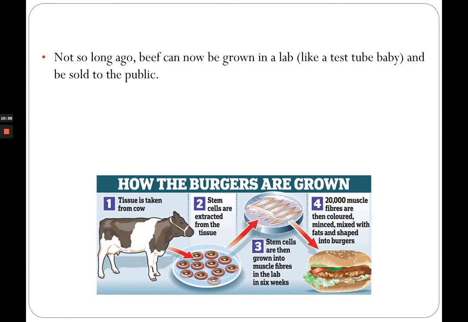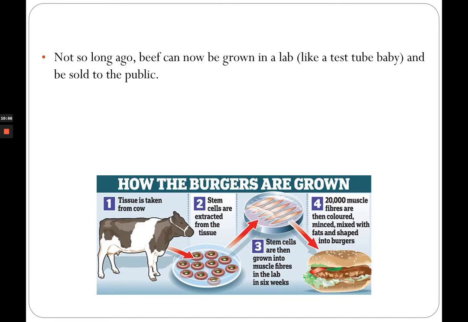we have the technology nowadays to simply take cells from an organism, in this case, cells from a cow. If we also extract stem cells from their bone marrow, from their tissues, or from their embryos, we can use stem cells to help us turn those cells into muscle fibers.